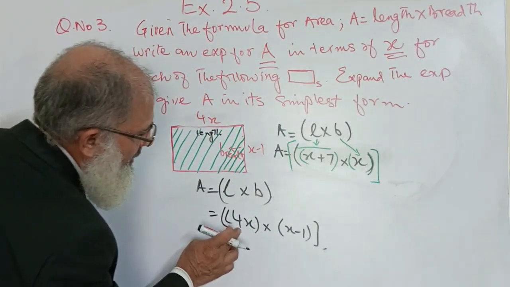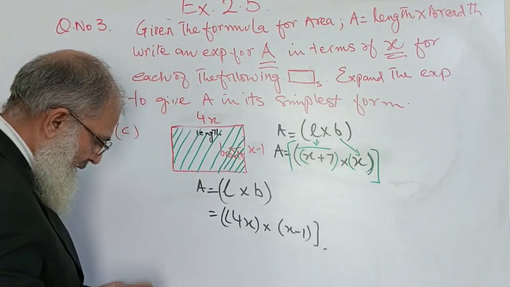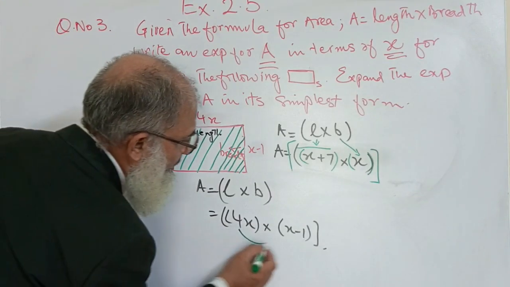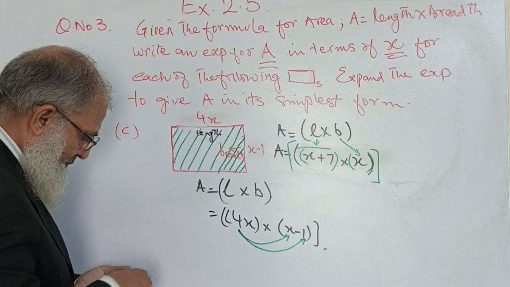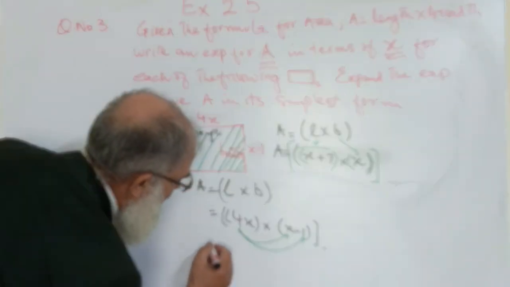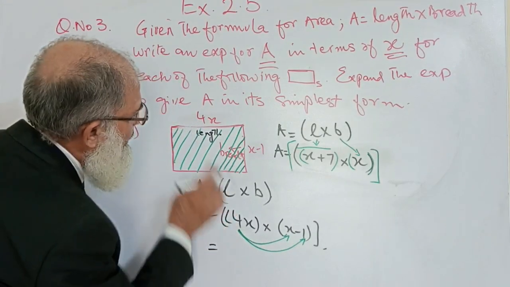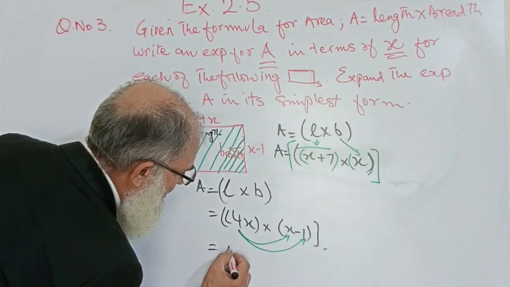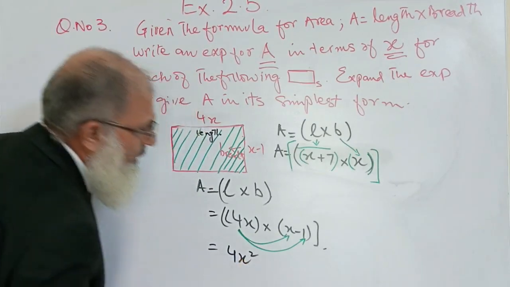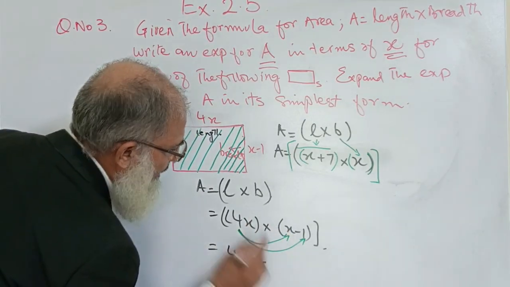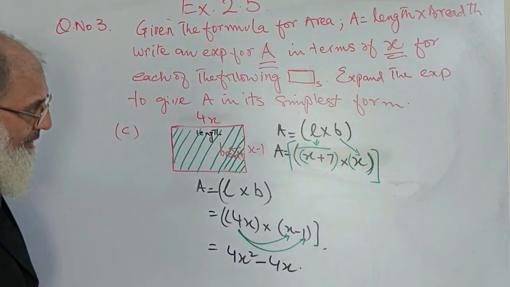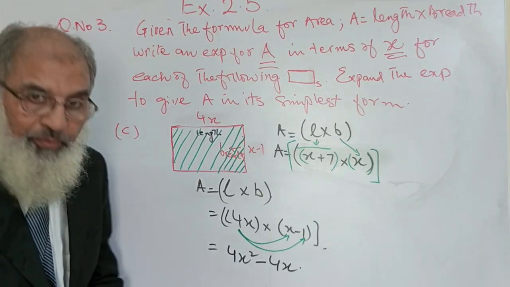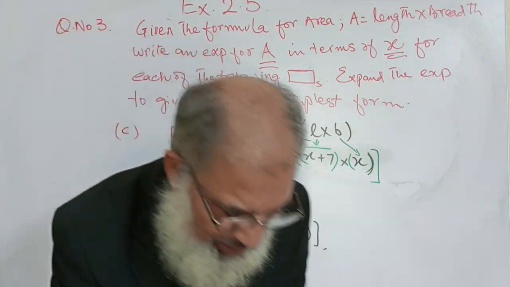Now the sequence will be as previous. 4x multiplied by x is 4x square, minus sign will appear and 4x. Now this is the answer, and this ends the exercise.